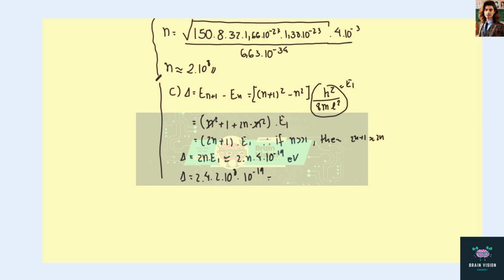This is equal to 16 times 10 to the minus 11, which is equal to 1.6 times 10 to the minus 10. Finally, our answer is that the energy gap is approximately 10 to the minus 10 electron volts.